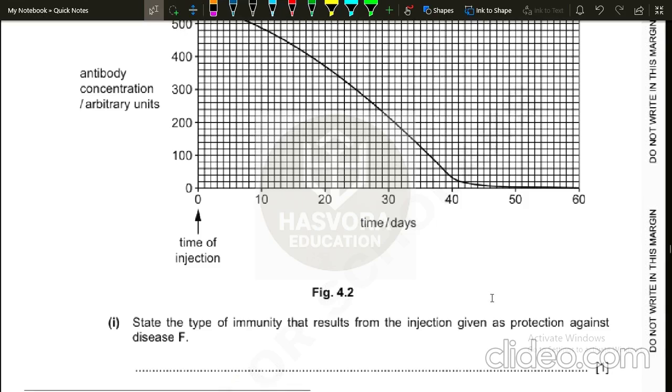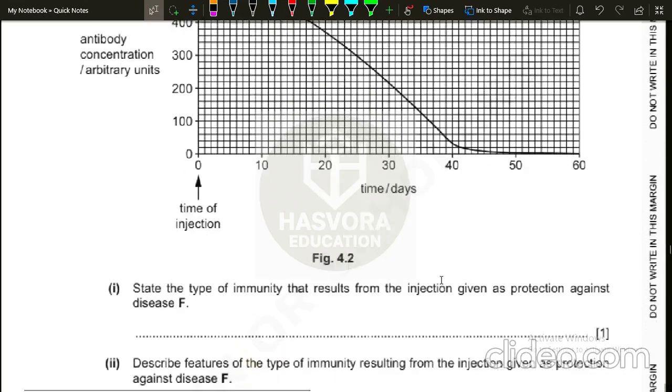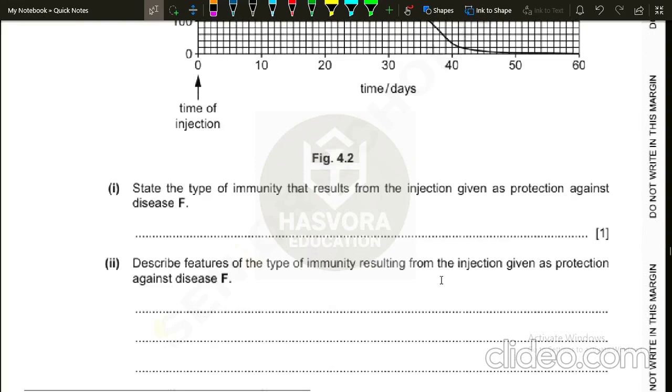So he is being given ready-made antibodies. This will be artificial and passive, because he is not producing the antibodies himself, and artificial because a natural way is not being used to give him the injection.